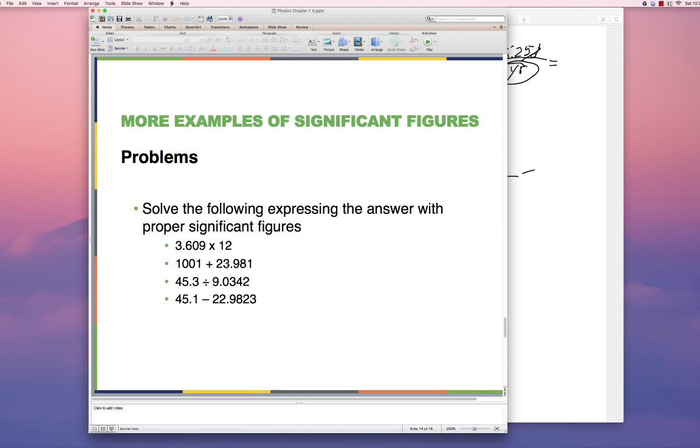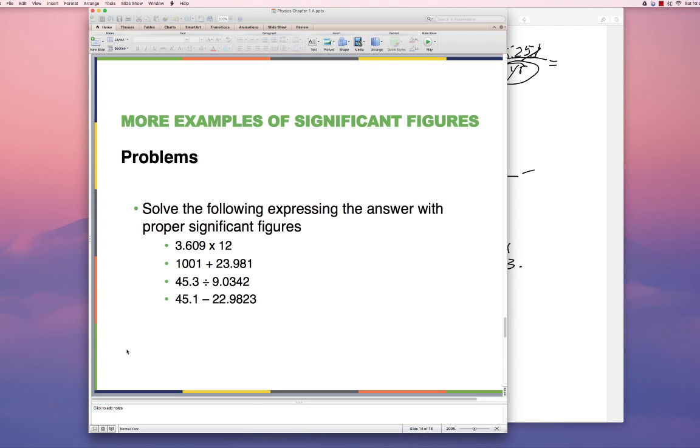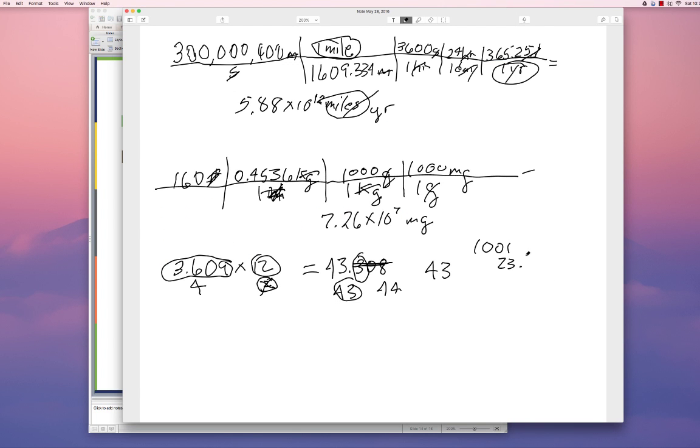1001 plus 23.981. Okay. Now it's best to write these addition and subtraction problems this way. And our answer is going to be 1024.981.